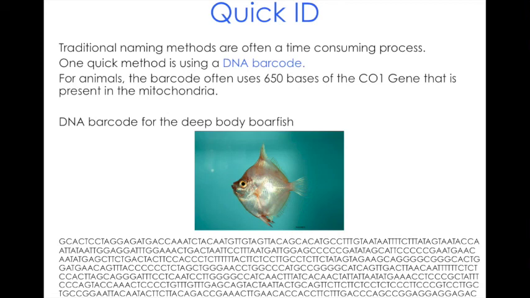Here is the boarfish's CO1 gene, and we look for similarities and differences between the barcodes, and the more similar the barcodes are, we can match it together with all these other fish, and find out exactly which category the boarfish will fit under. You might get a few differences if it was a different fish of the same category, but if you matched it against a reptile, for example, you might get major differences. That's how we use those minor differences in these barcodes to ID the organism.